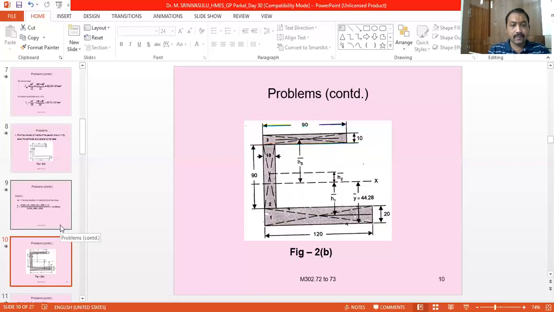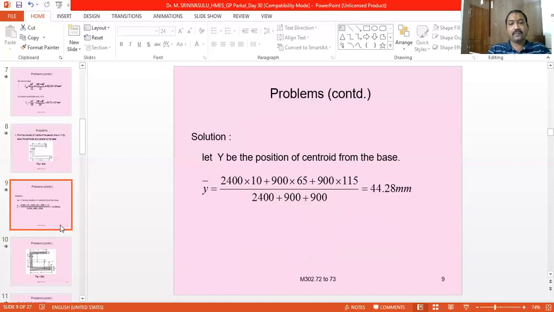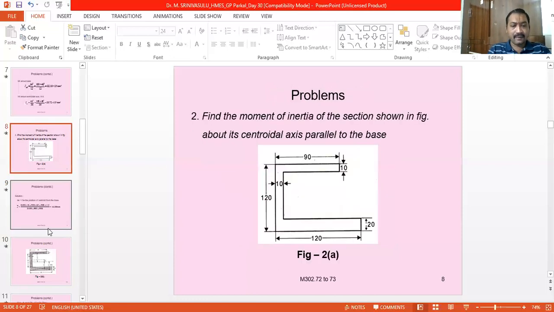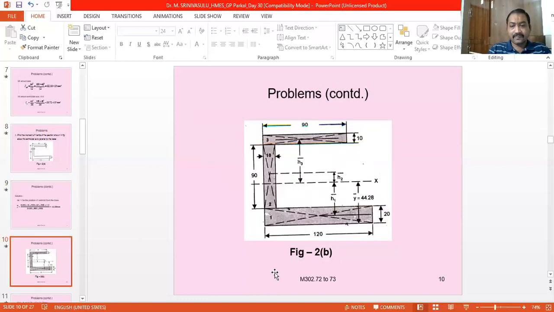Now take down the y bar. Let y bar be the position of the centroid from the base. y bar is equal to a1 y1 plus a2 y2 plus a3 y3 by a1 plus a2 plus a3. You know very well what a1 is here.